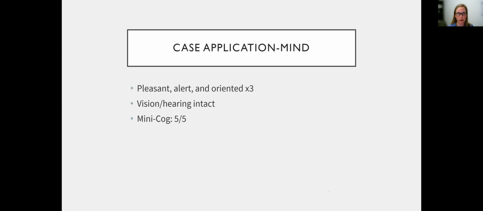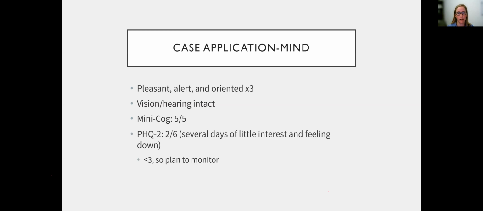But one other thing I would do with him is actually the PHQ. He answers that he has had several days of little interest and also feeling down, so he gets a score of 2 out of 6, which is less than a 3, and that is good. Anything more than that, we would definitely want to do further assessment.